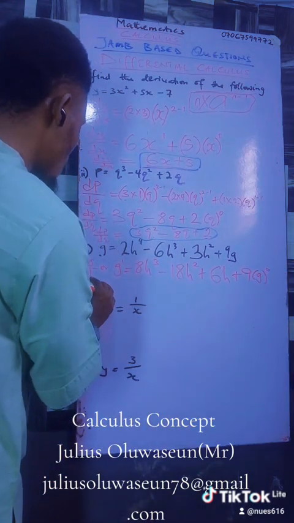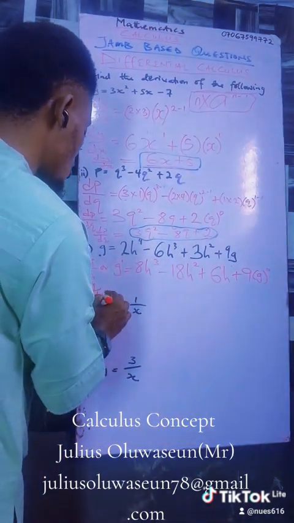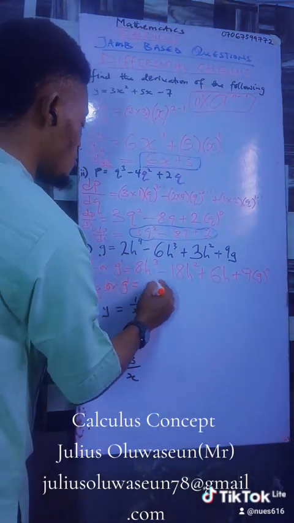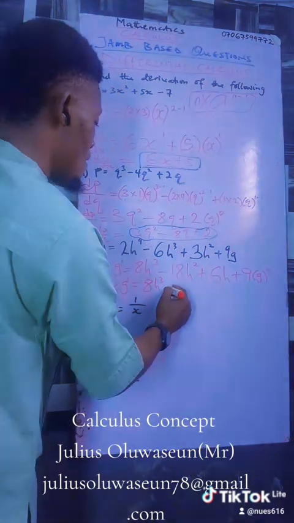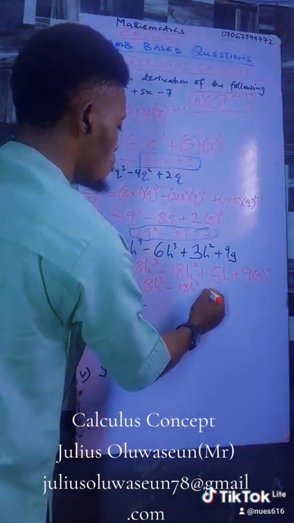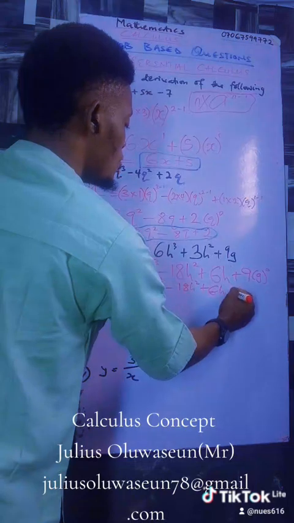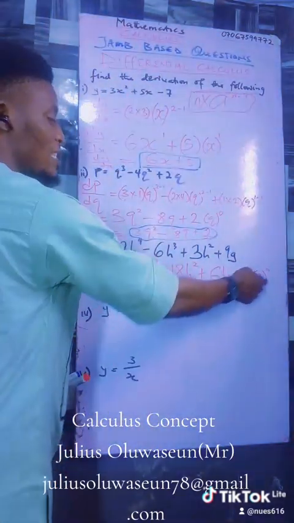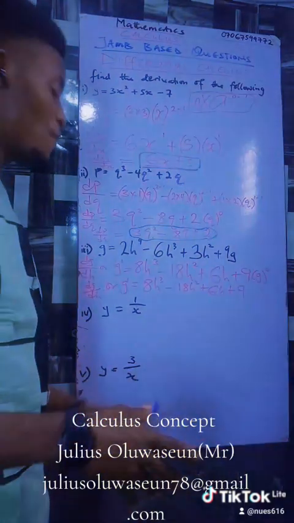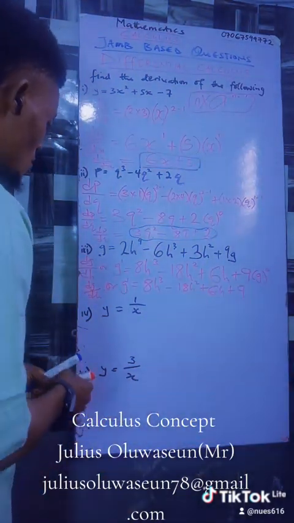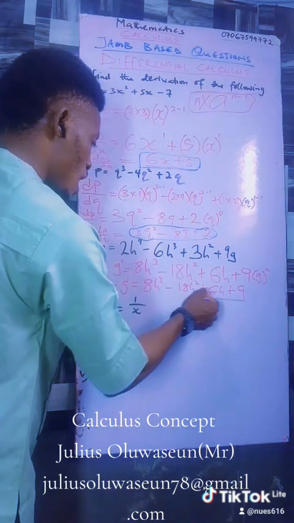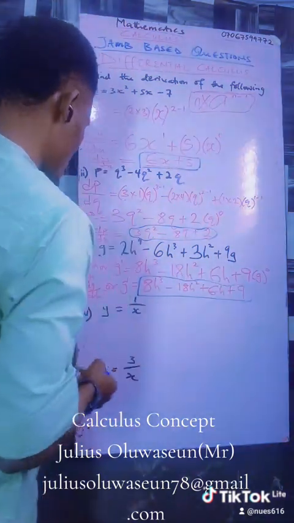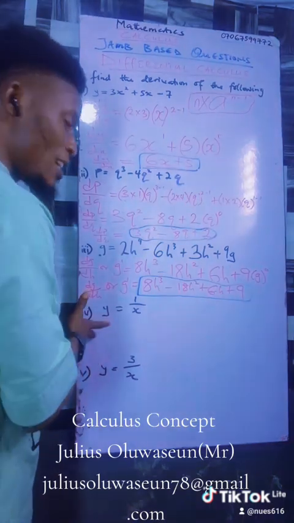Therefore g of h, or g prime, is equal to 8h power 3 minus 18h power 2 plus 6h plus 9, because anything raised to power 0 is 1, and 1 times 9 is going to give us 9. So that's it. We now move to the next question. So this is the answer for our question number 3.